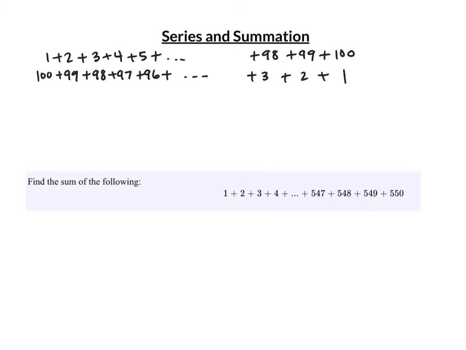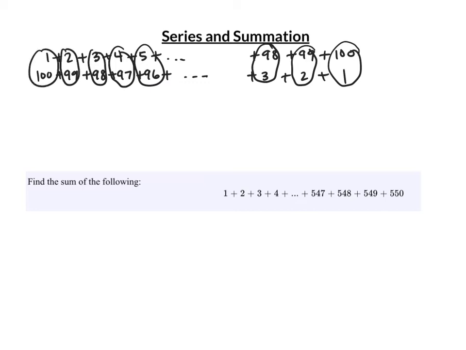And what he noticed is that if you add every pair here, every single time, those two numbers add to 101. So if you look at this list of numbers, there are 100 of them, from 1 to 100, and all those pairs add to 101.